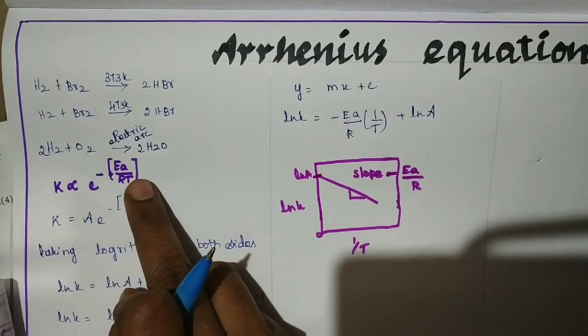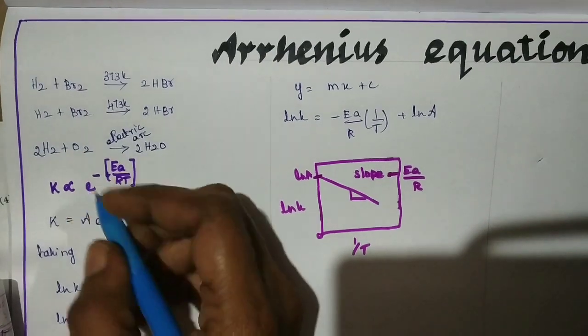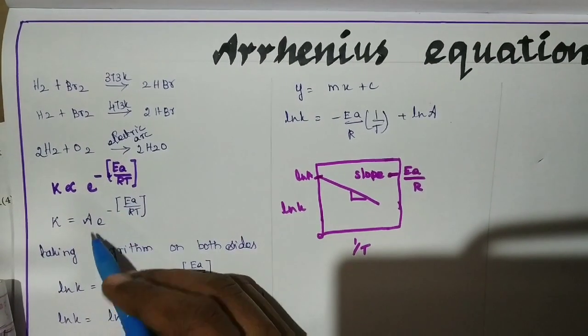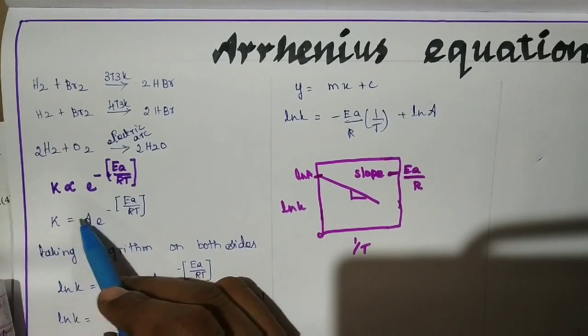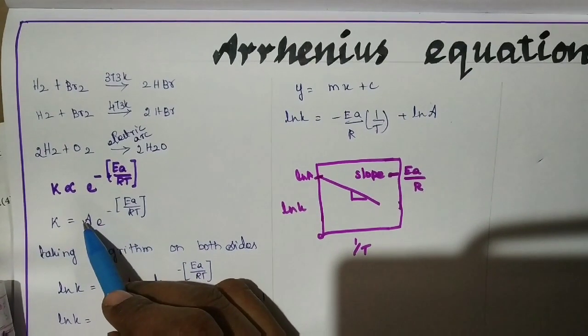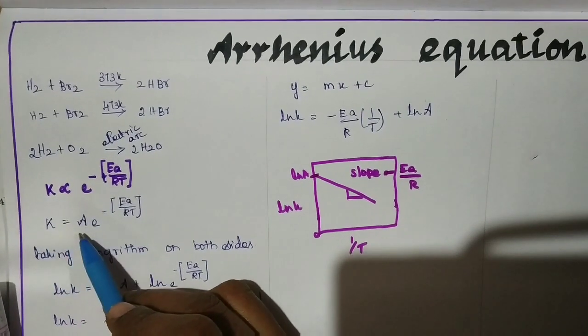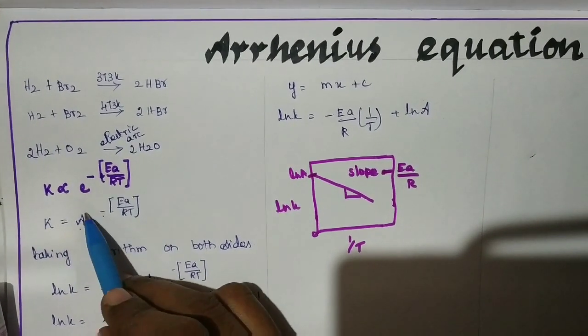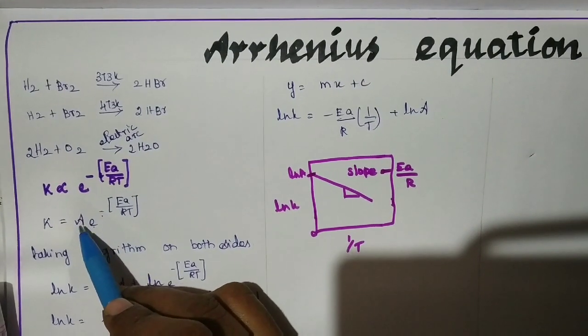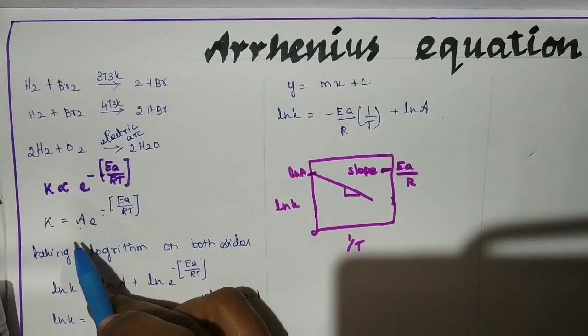Therefore we apply another constant: k is equal to A e power minus Ea by RT. This A is the frequency factor.